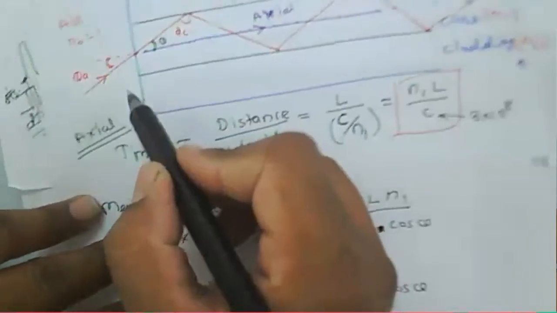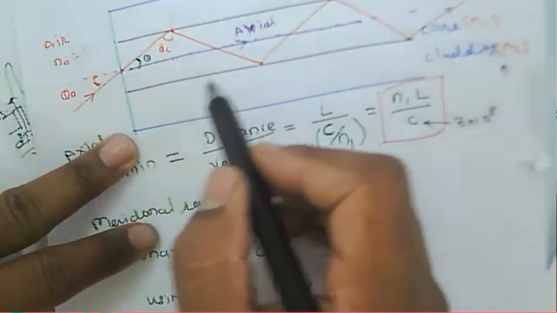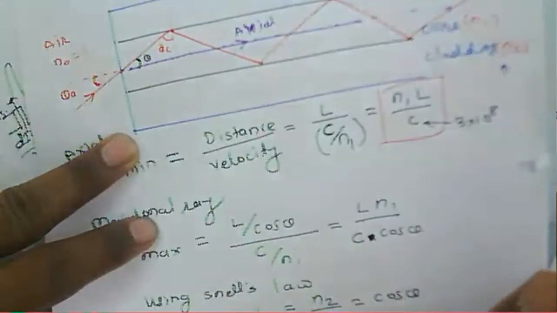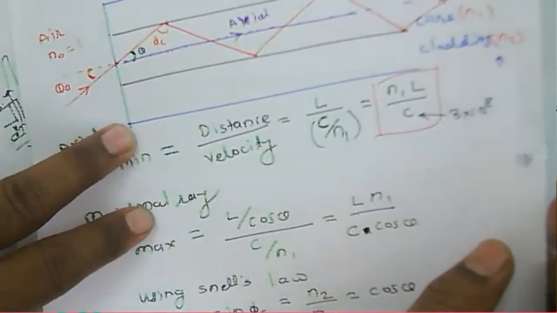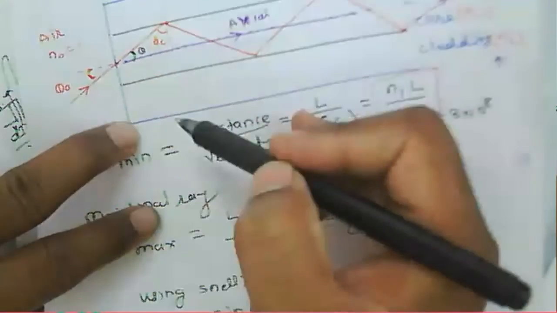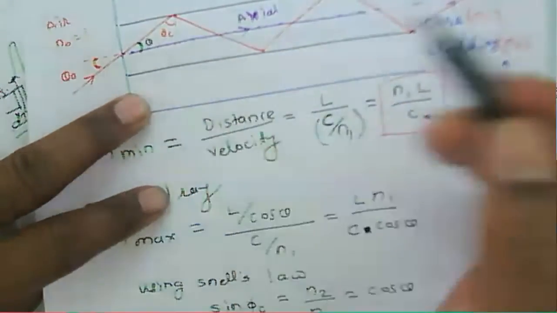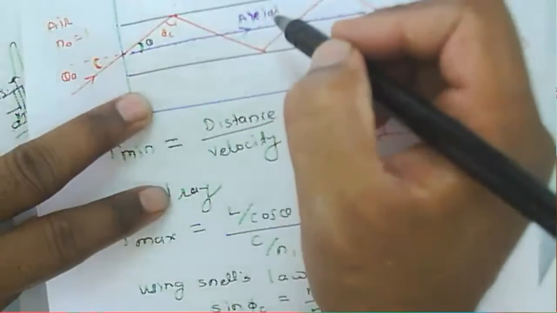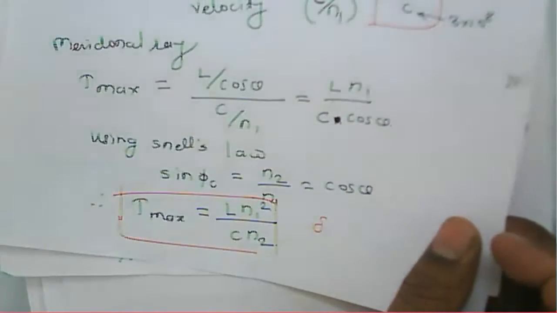Here, different rays are propagating through the fiber, so various modes are propagating through the fiber. If you reduce the differential attenuation between these particular modes, we can reduce the pulse broadening, or the intermodal dispersion, in the given fiber. That is the case for the multimode step index fiber.